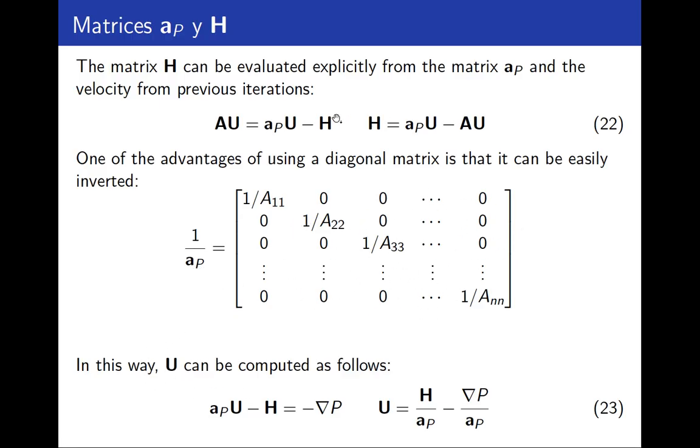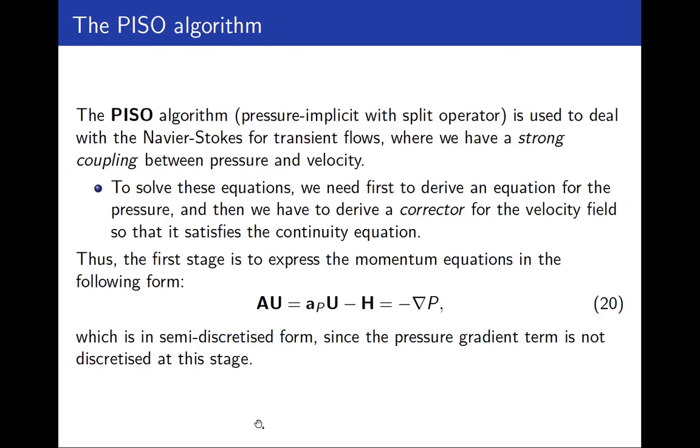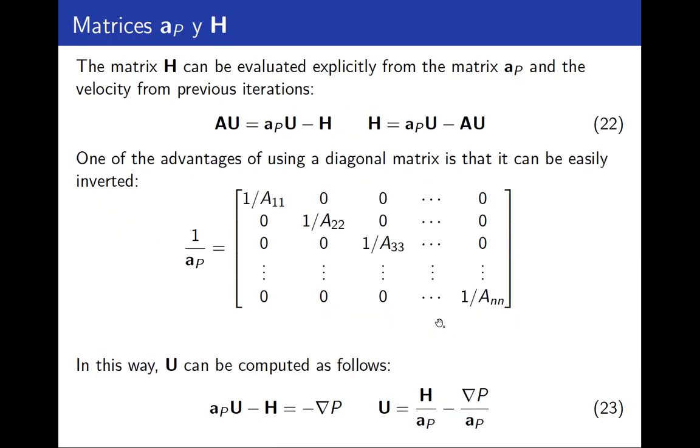And in this way, from this equation, U, the vector of unknowns, the vector velocity, can be computed as follows. So from equation 20, where we have the pressure gradient, we can isolate this equation for the velocity, and then we end up with this equation 23.